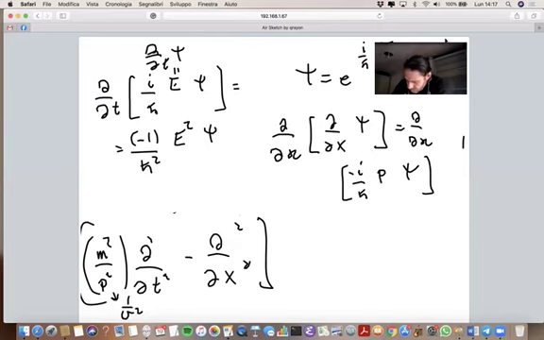When I act on it a second time, I will again get i squared, which is minus 1. So I get minus 1 over h bar squared, times p squared.